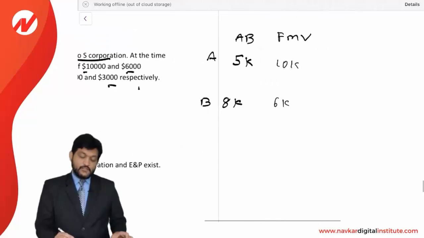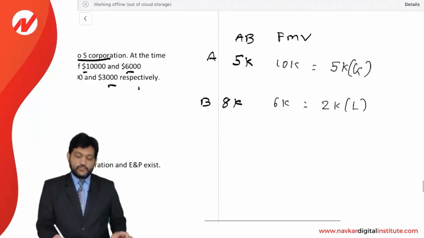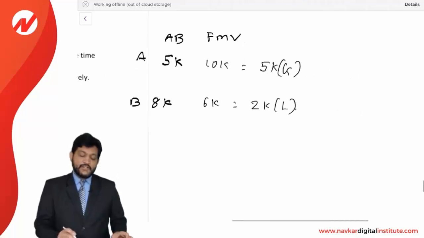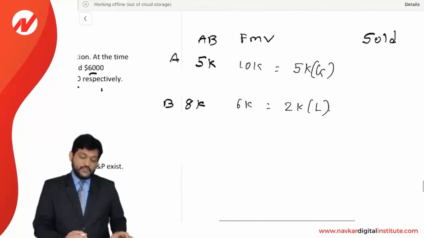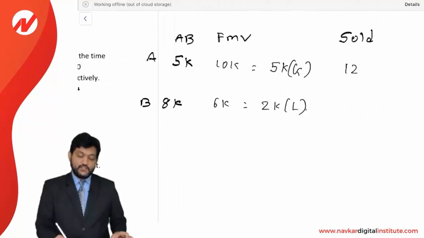So friends, here if you check the difference, it is 5,000 of built-in gain, and here it is 2,000 of built-in loss. Now property A has been sold for 12,000 and B for 3,000.